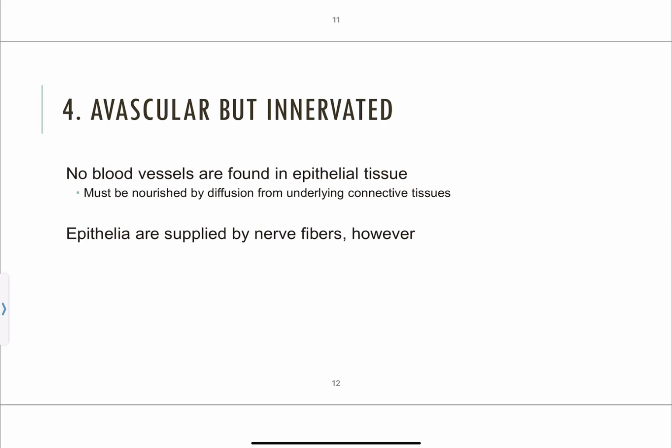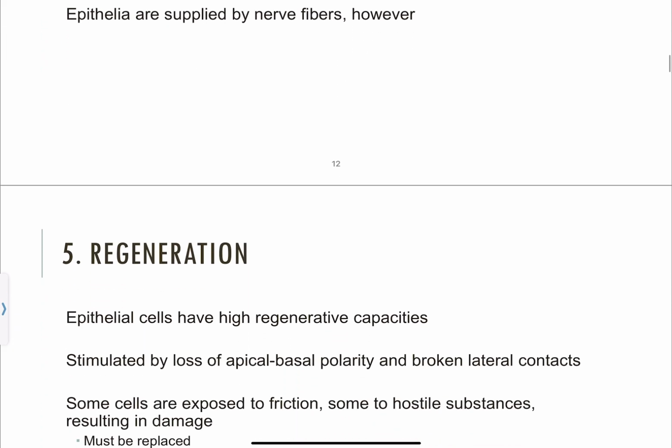If we cut pretty deep, say we accidentally nick ourselves with a knife and we go deeper, then we hit the underlying connective tissue, which does have a blood supply. So if you cut yourself and you don't see any blood, you've just damaged or cut through your epithelial tissue. If you do see blood, that means you've gone all the way through your epithelial tissue and down into your connective tissue where the blood supply is.